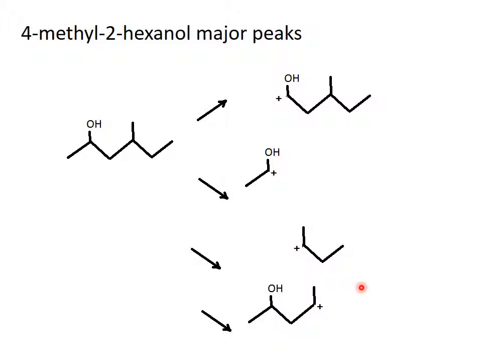Another thing that's possible would be the loss of water. When you see a peak at the molecular ion minus 18, which is the mass of water, you usually can say there's probably an alcohol in that molecule.